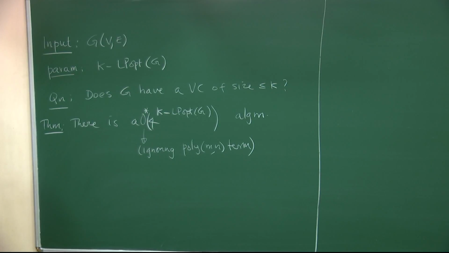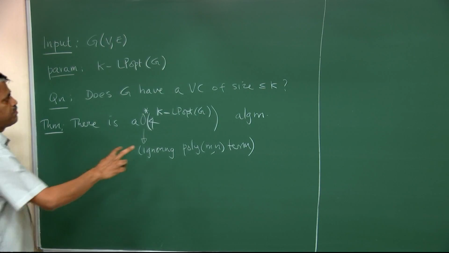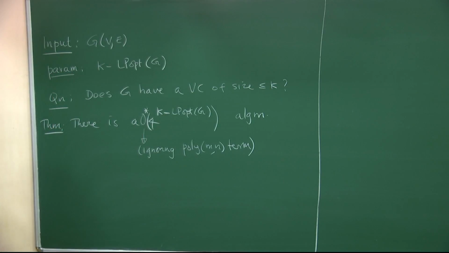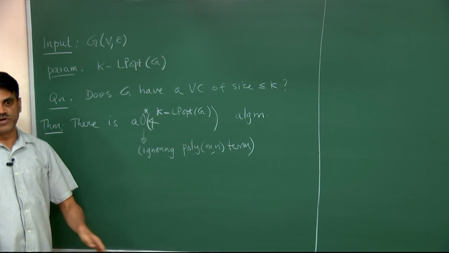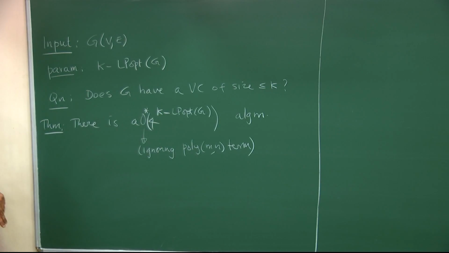And once you reach an all half solution, we said just pick any vertex and branch: either include it in the solution or include all its neighbors into the solution. We argued that k minus LP in each of the branches drops by at least half. So the height of this tree is 2 times k minus LP opt, because the drop is only half, and it's a two-way branching, so it's 4 power k minus LP opt.